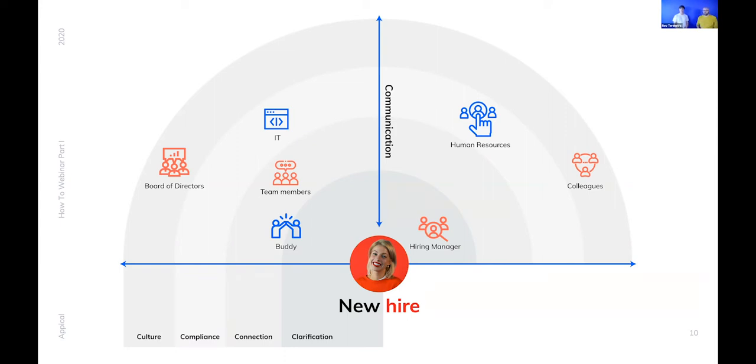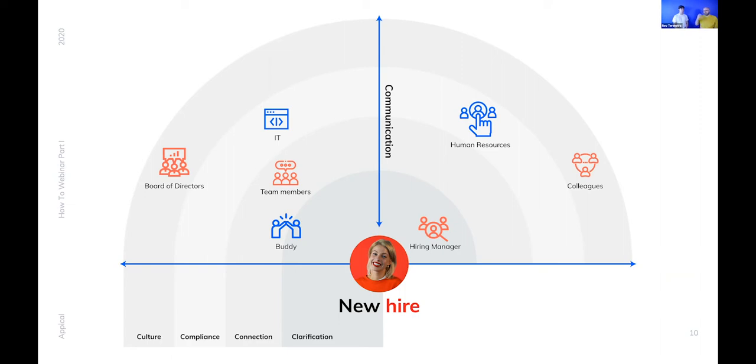Also, the buddy can have a say in that. Connection is something that the buddy really needs to take care of, but also the team members. Compliance is more a part that human resources will take care of, as well as the facilities and the IT managers. And the culture is a wider thing that should be spread by the board of directors and should be lived by the colleagues.